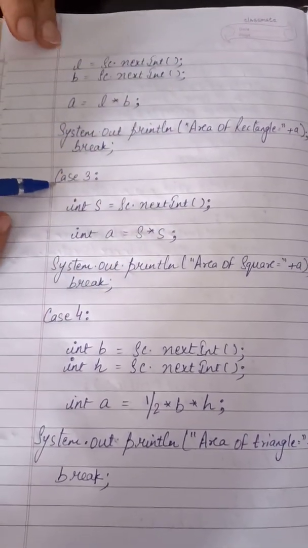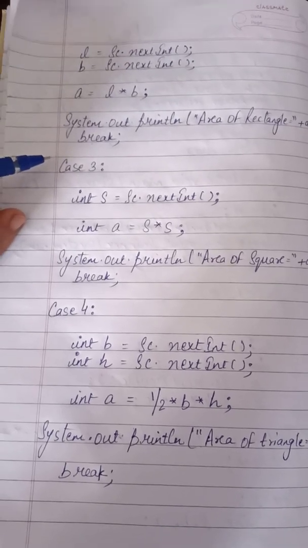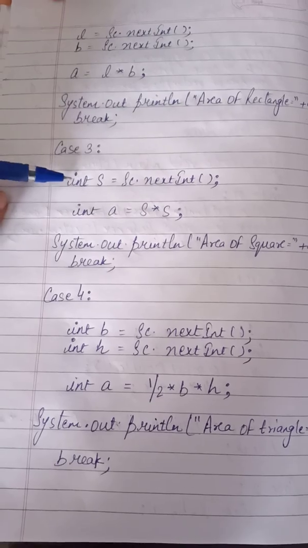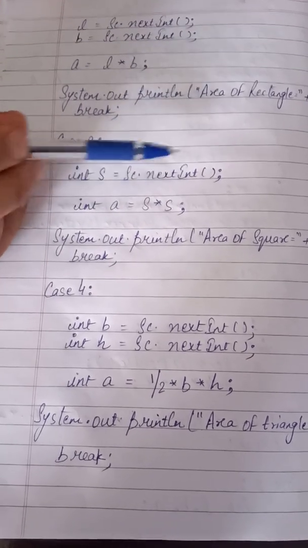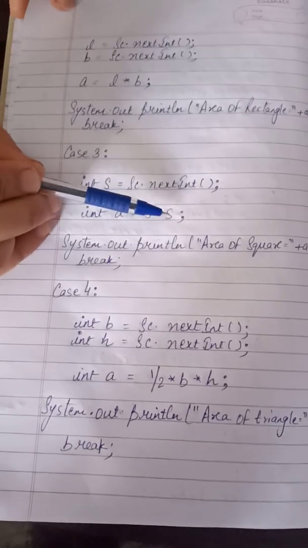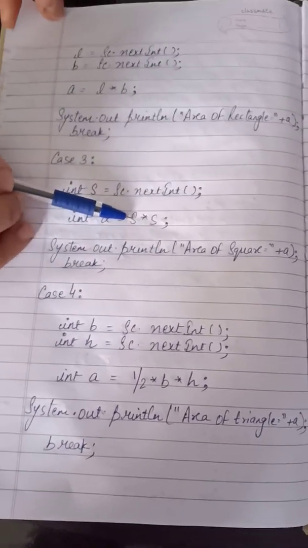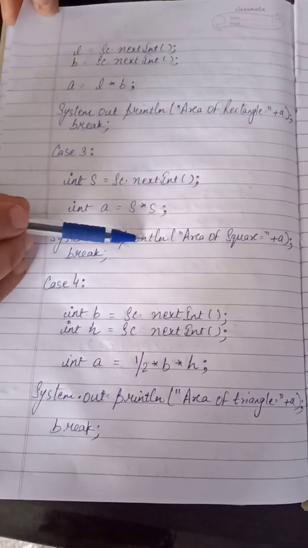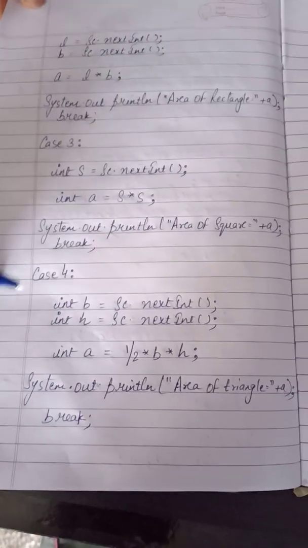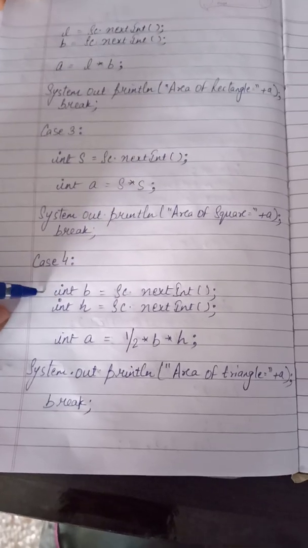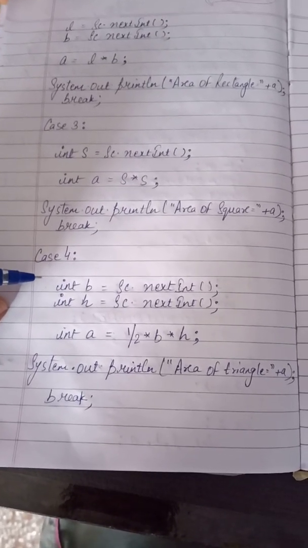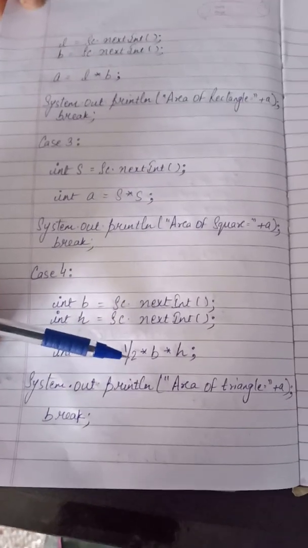Now case 3, if user presses 3, it will print the area of square. Int s is equal to sc.nextInt, a is equal to s into s, that is your side square. System.out.println area of square plus a and your break. Now in case 4, you have to find the area of triangle, right angle triangle, which is your half base into height.